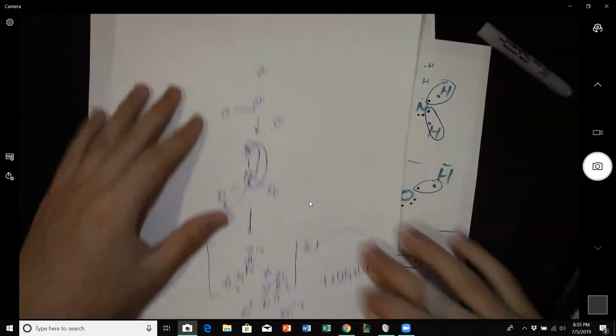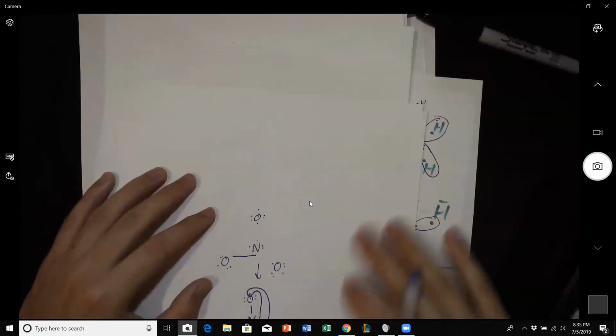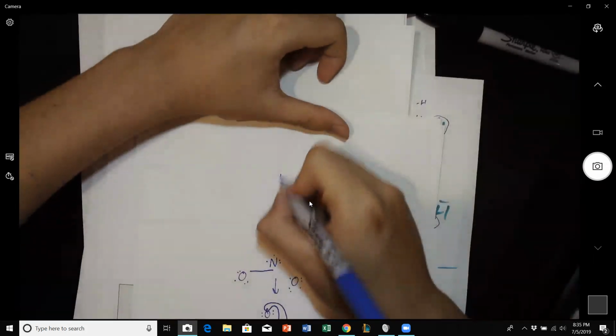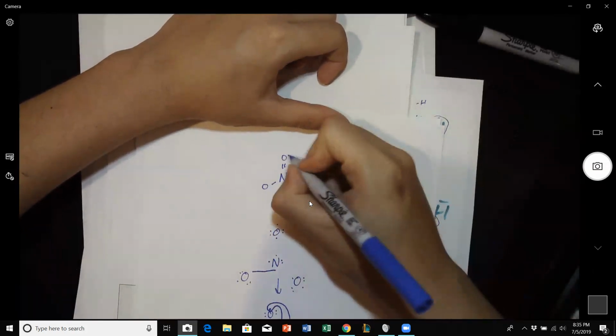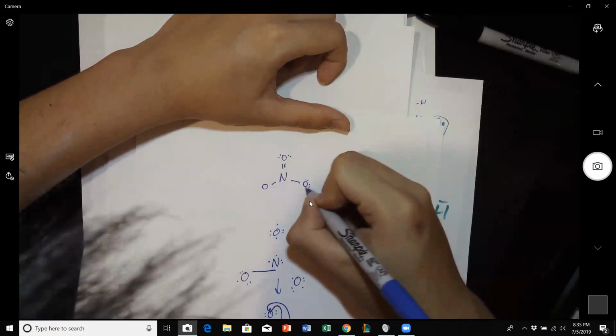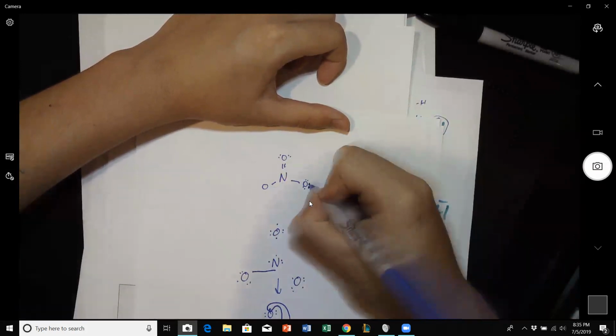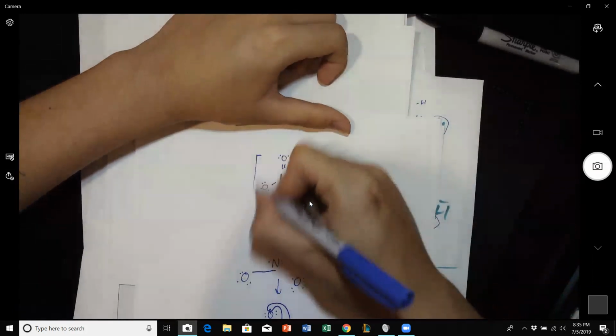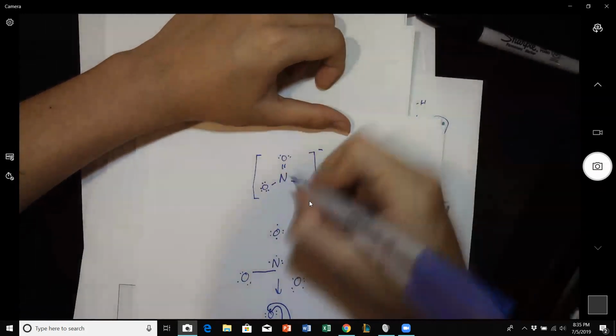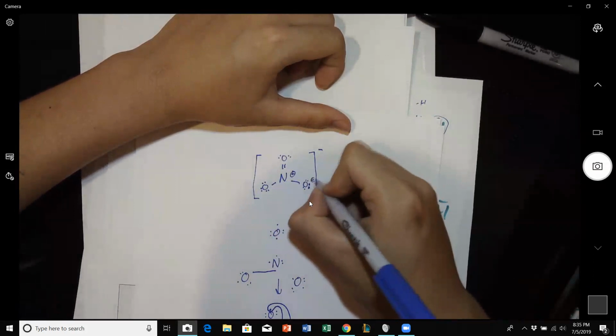Okay. So now let's move on to the second part of the question, the resonance structures. And since it's charged, we can put it in brackets, with a minus.